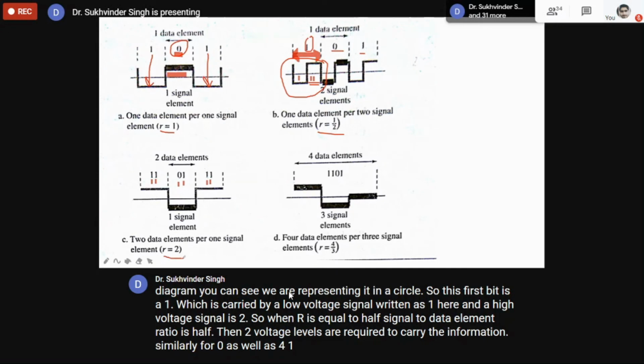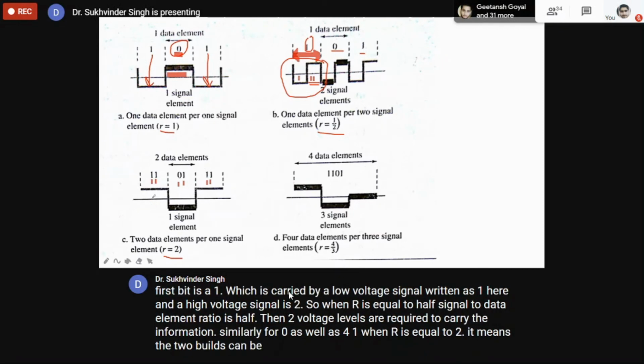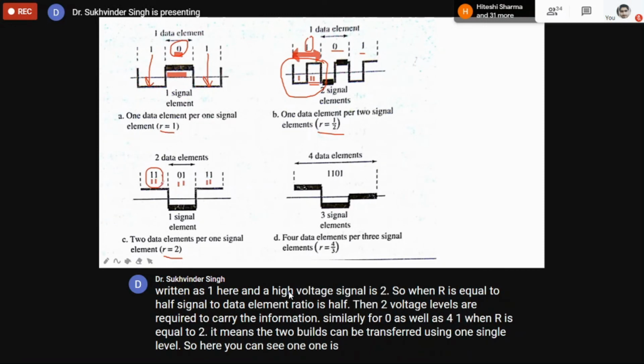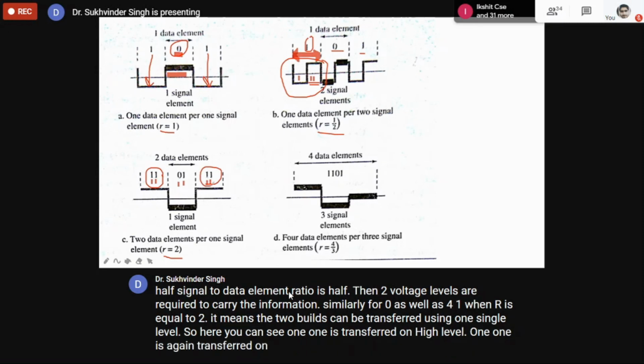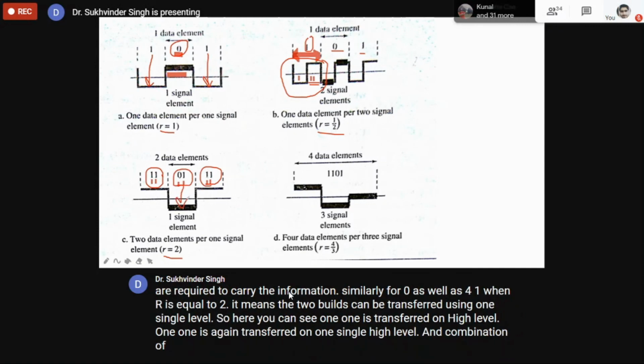When R is equal to 2, it means two bits can be transferred using one single level. So here you can see 1 is transferred on a high level, 1 is again transferred on one single high level, and a combination of 0 1 or 1 0 will be transferred using a low level.